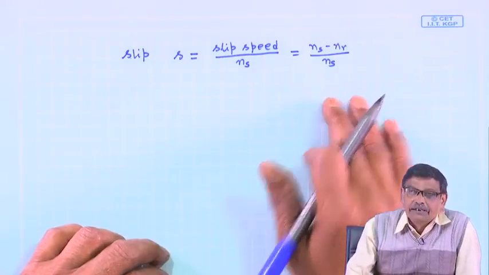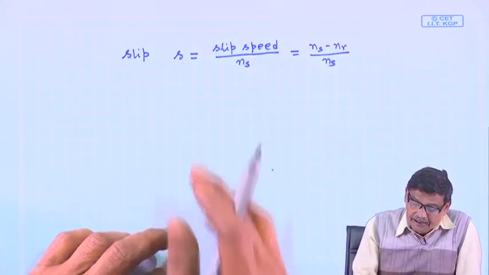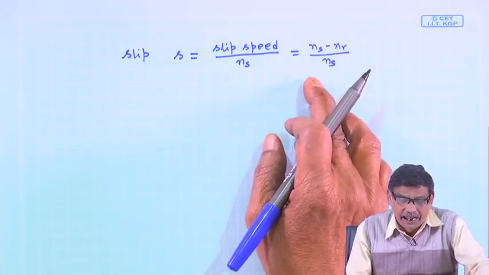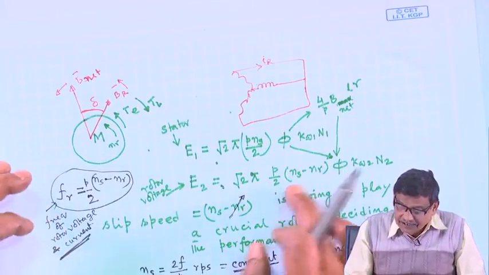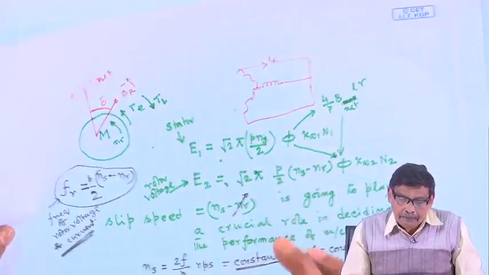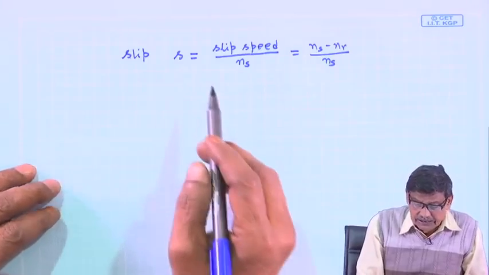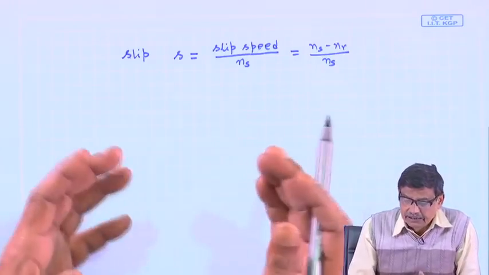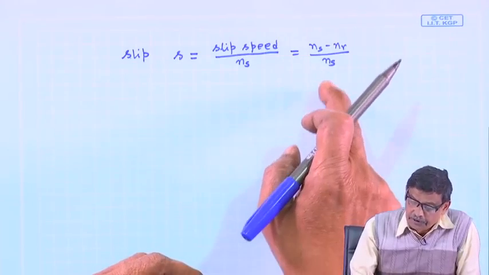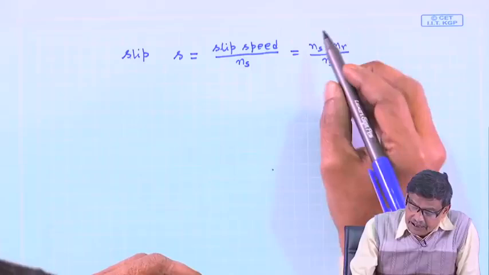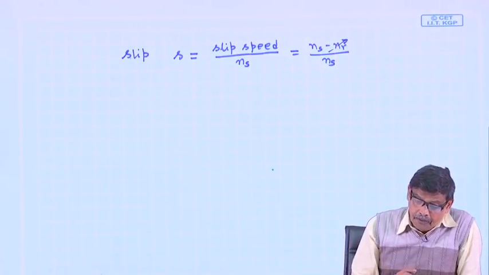I will show you right now that, instead of carrying on with the expression n_s minus n_r, this s comes so nicely. So, the slip at which the motor is running is nothing but slip speed divided by the synchronous speed of the stator field, which is constant, while the rotor speed may vary. Therefore, slip may vary. Okay.